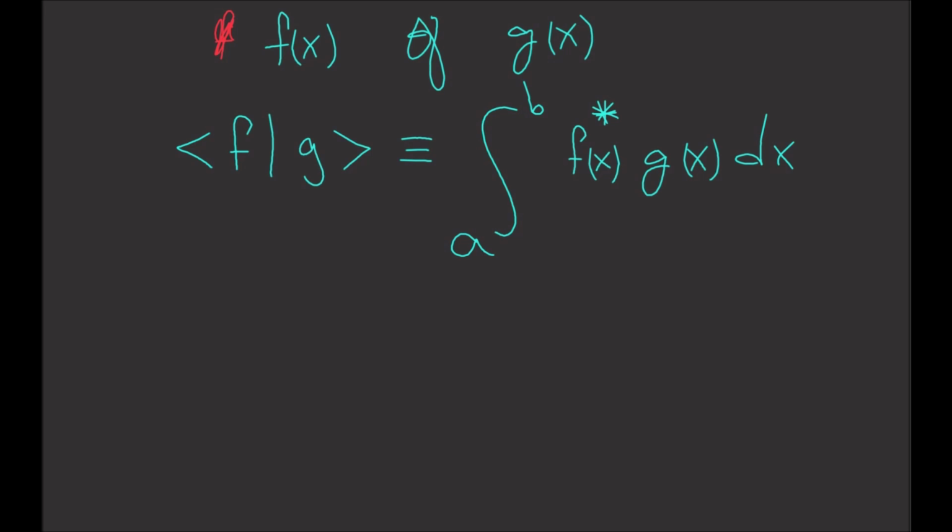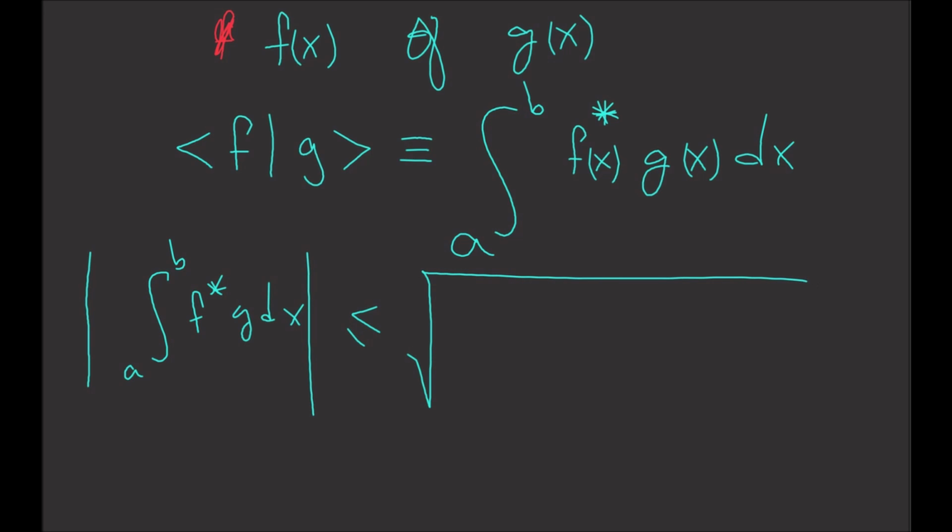Alright, so if we take the absolute value of this inner product, the integral from a to b of f star times g dx, this has to be less than or equal to the square root of the integral from a to b of the probability density of f dx times the integral from a to b of the probability density of g dx.